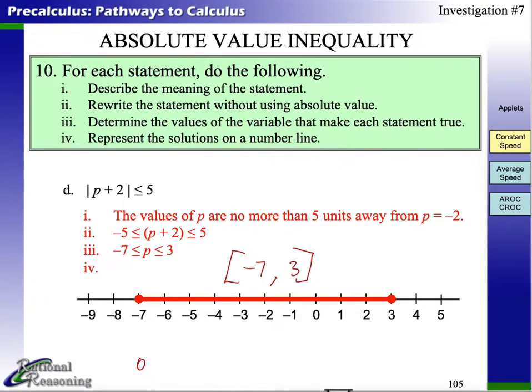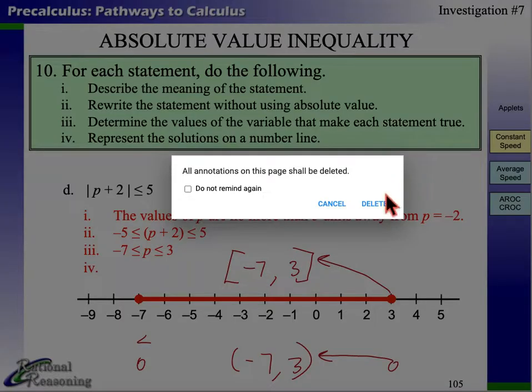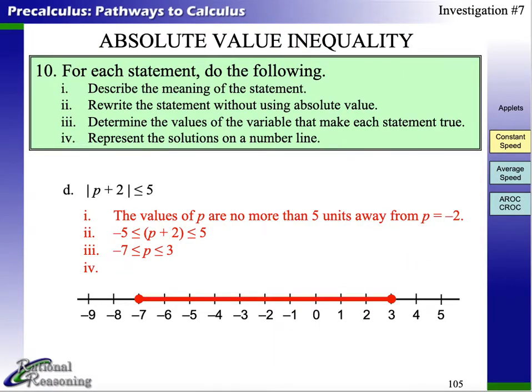If you have open circles here, because you had simply less than without the equal to part, then we're putting in parentheses, -7, 3. So those are the two ways to write it. One's included, one's not. The included always gives us a bracket. Not included gives us a parenthesis. Okay, so just covering interval notation at the same time because that's going to come up.